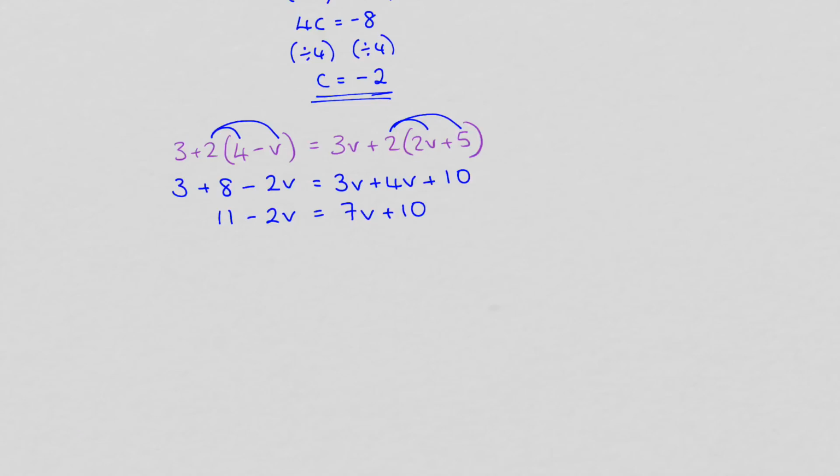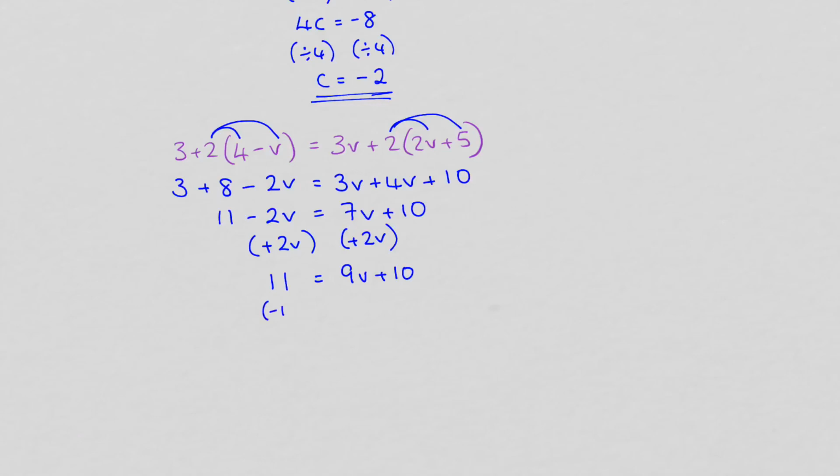Okay. So then dealing with the letters, we want them on one side only. So bring baby to mummy. The negative 2v is further down the number line than the 7v. So that's what has to move. But remember, you do the opposite of what you've got. So on the left-hand side, we've only got 11 now. And on the right-hand side, we've got 7v, add 2v, so that's 9v plus 10.